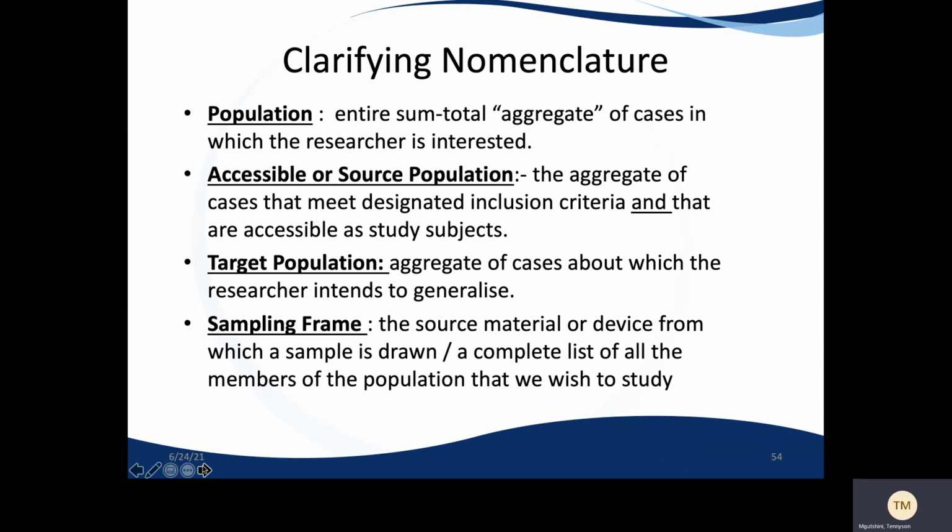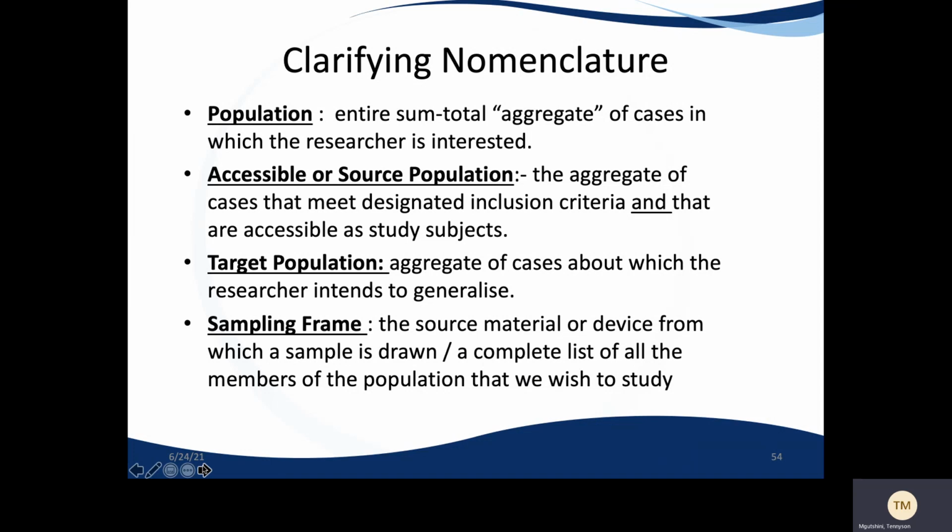So firstly, when you hear the word or use the word population with respect to quantitative research and with respect to sampling, you're actually referring to the entire sum total aggregate of cases in which the researcher is interested. So basically, in simple English, a population is the total number of cases that are represented in the group that you're interested in.